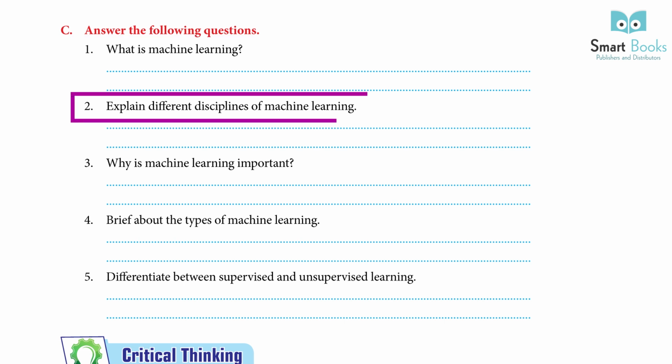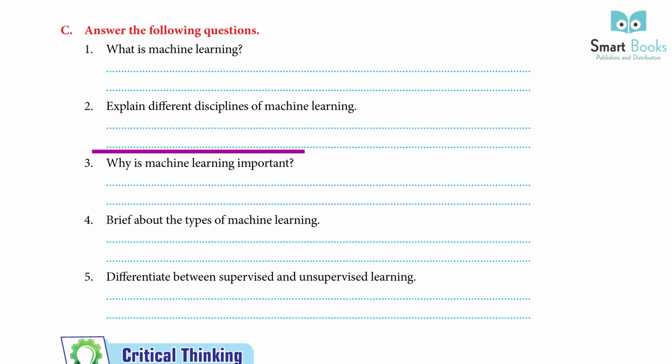2. Explain different disciplines of machine learning. Answer: the disciplines of machine learning are as follows. 1. Statistics. 2. Psychological models. 3. Evolutionary models. 3. Why is machine learning important?